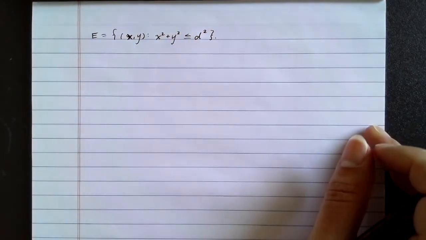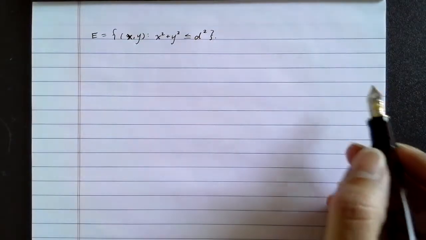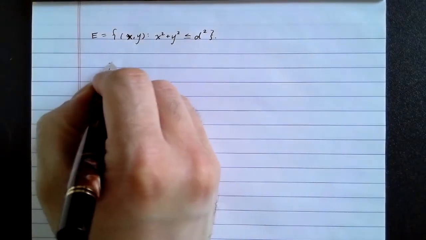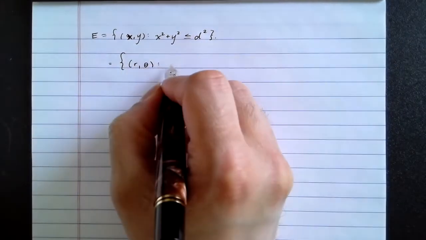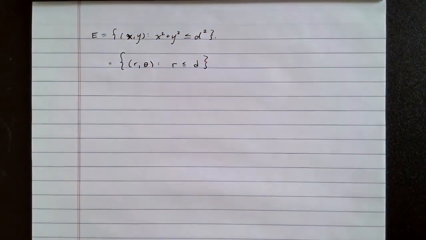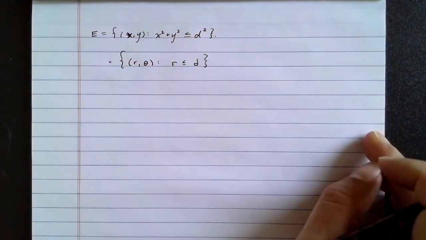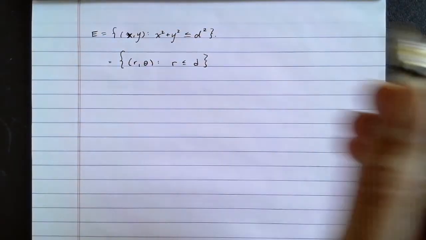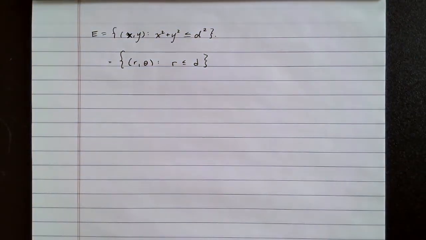So this is the closed disk centered at the origin with a radius of D. So if I convert this to polar coordinates, this is expressed as the pairs r, theta, so that r is less than or equal to D. Remember again, because x squared plus y squared equals r squared. I'll write that in a different color on the side.